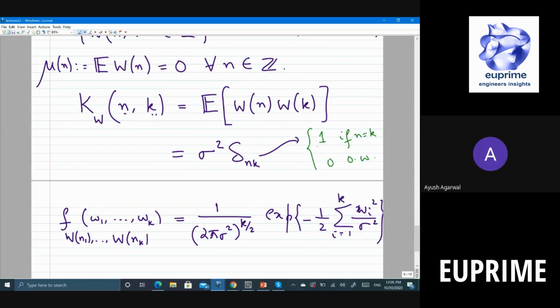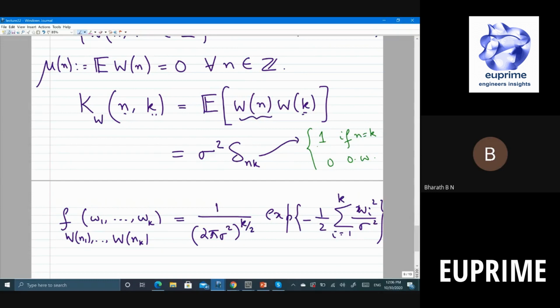So my question is, two time instances n comma k you're telling, then what is this n? n is W of n, that is the random variable. So you take the stochastic process and look at what is the amplitude at time n. Discrete time. So think of it as a discrete time stochastic process. It's not a continuous time stochastic process. For example, n is equal to 2 and k equal to 3. So you are looking at W of 2 into W of 3. Of course, the expected value is 0 because they are not correlated, right?